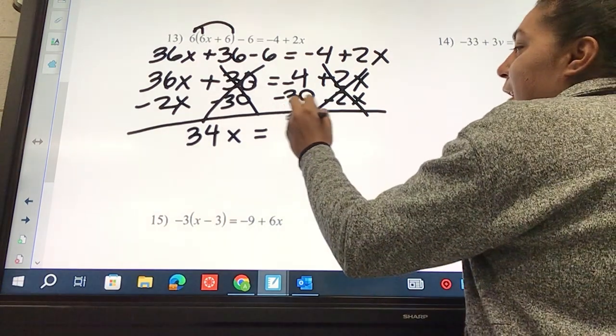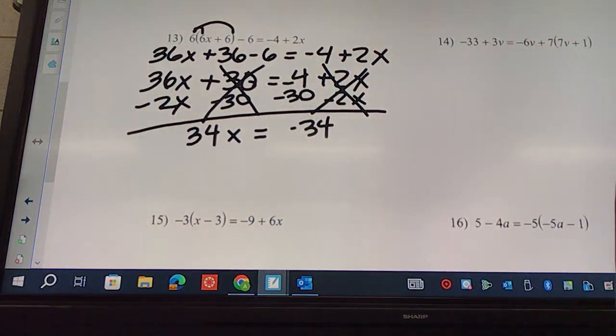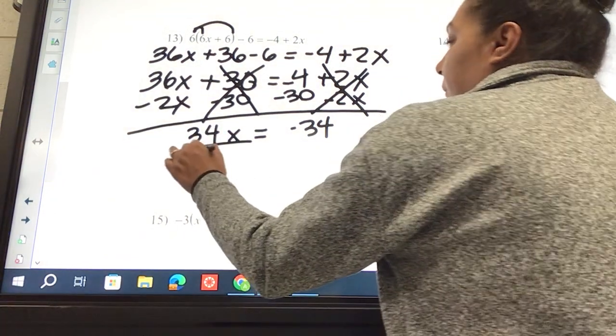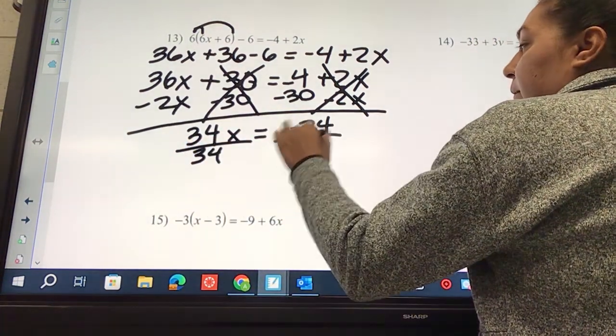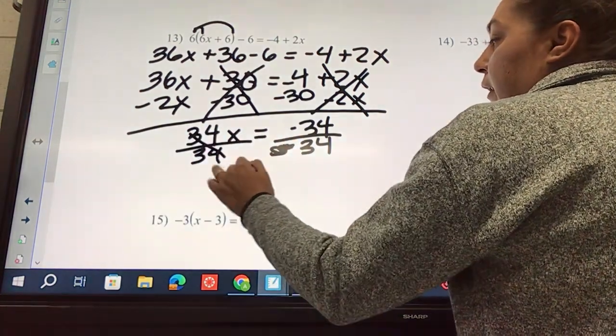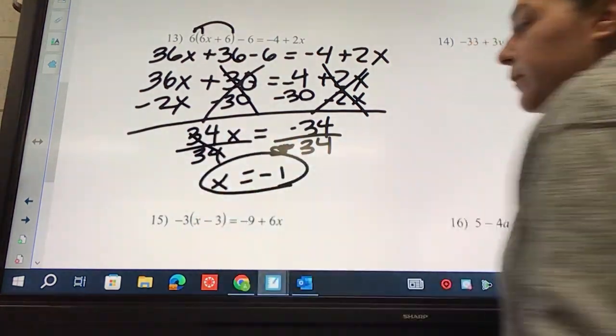Close. It's negative 34. Okay, and then we can go ahead and divide. Just kidding, that's not a negative. We're gonna get x equals negative 1.